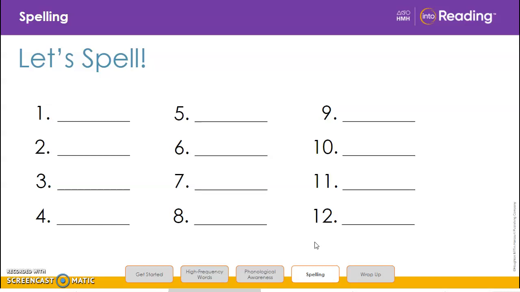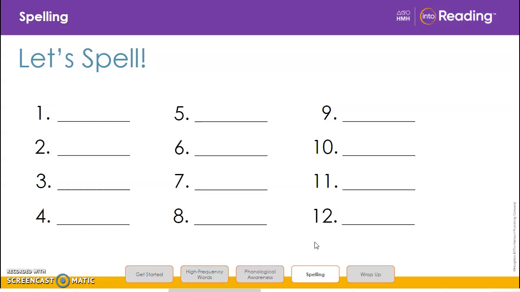Number 7, big. An elephant is very big. Big. Number 8 is sit. Please sit in the chair.